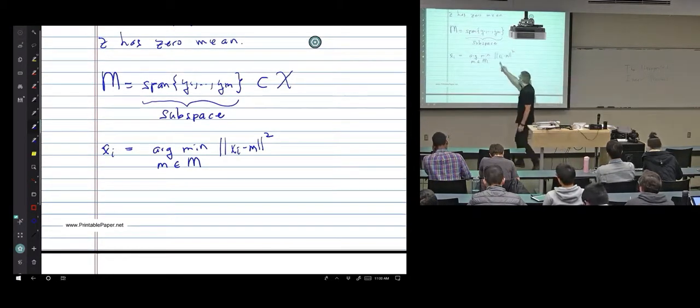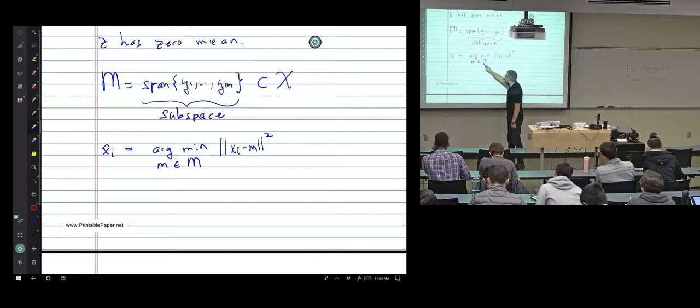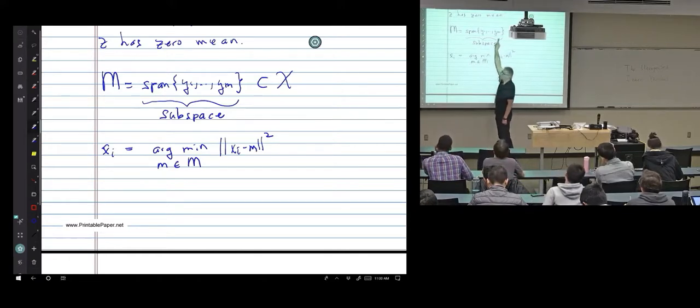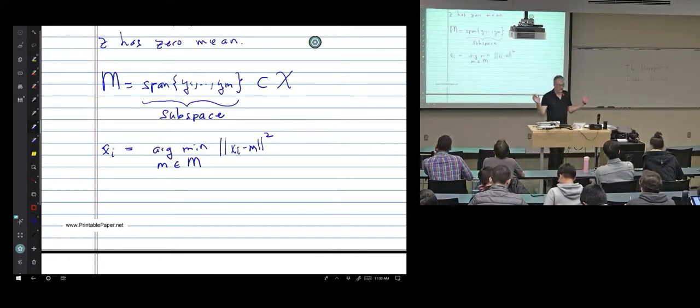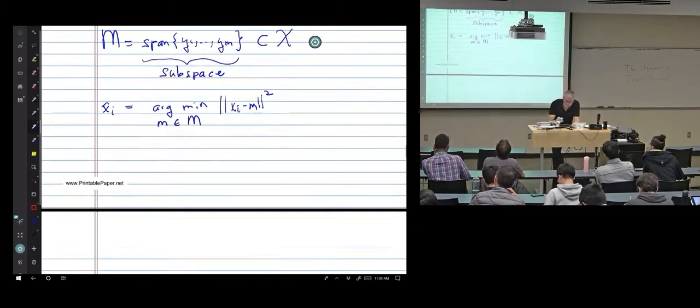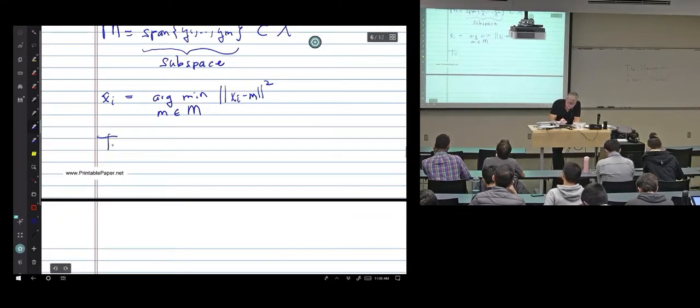So this is the minimum variance estimate of the ith component of X as a function of a linear combination of the measurements. So that's what we're after. And we know how to do that. We just write down the normal equations. Okay. So to solve this, we just write down the normal equations.